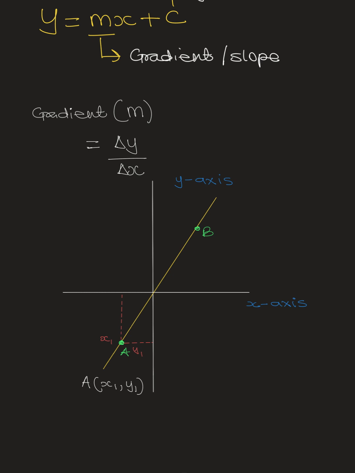Moving on to point B, the value that is traceable on the x-axis, let's call that x2, while at the same point, the value that is traceable on the y-axis, we call that y2. So therefore, the coordinates at point B will be x2, y2.